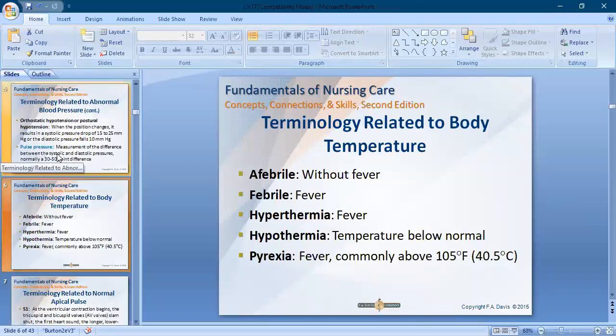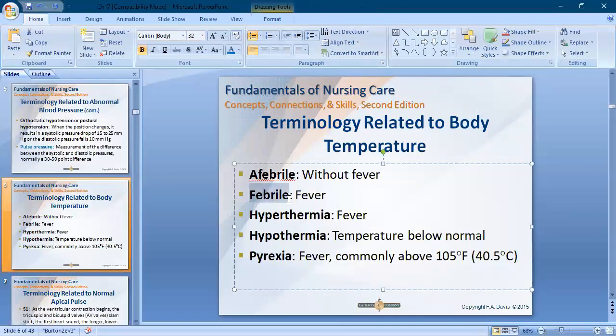Okay. And here is some terminology related to body temperature. When anybody's temperature is up, we call it the febrile situation.